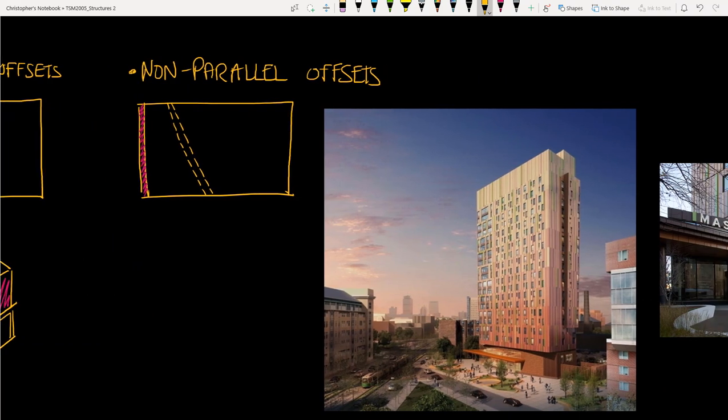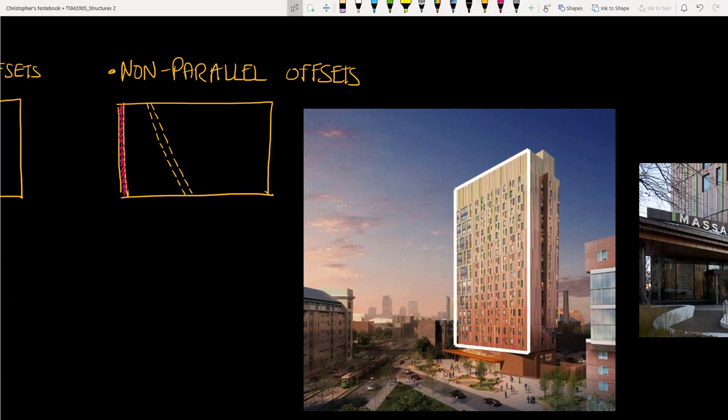Along the exterior of the building, here, this face of the building, there is a moment frame hidden behind these lovely architectural panels. This moment frame is parallel with the face of the building, but then it steps back in plan where the building also steps back, and follows the curved exterior of the building down here.